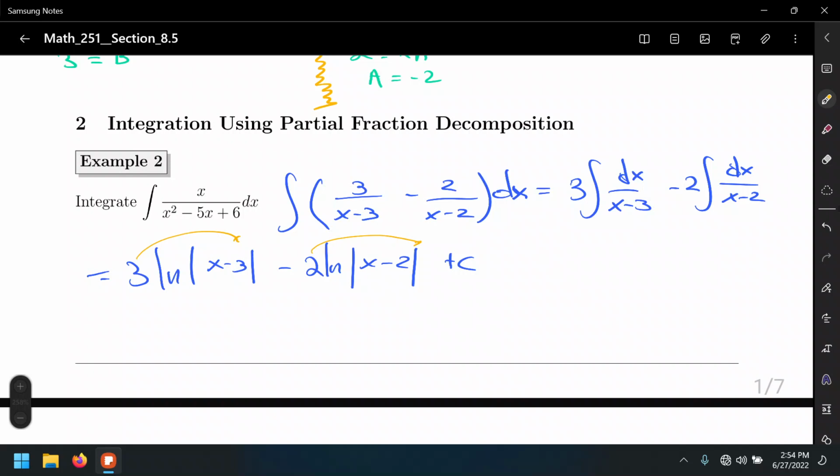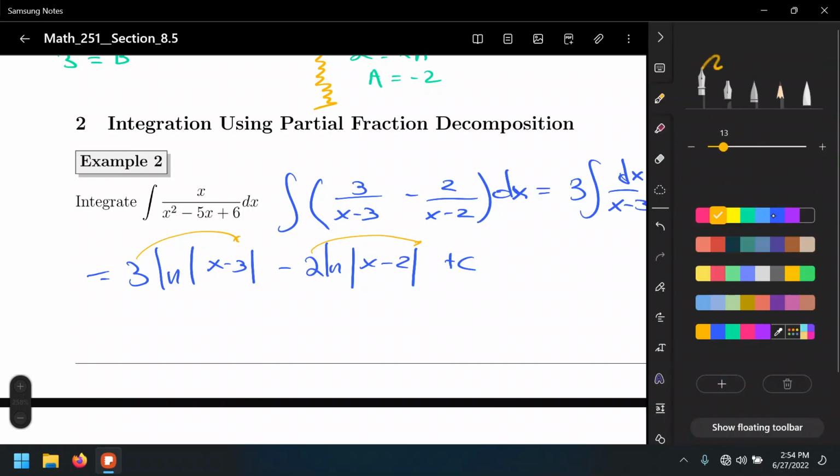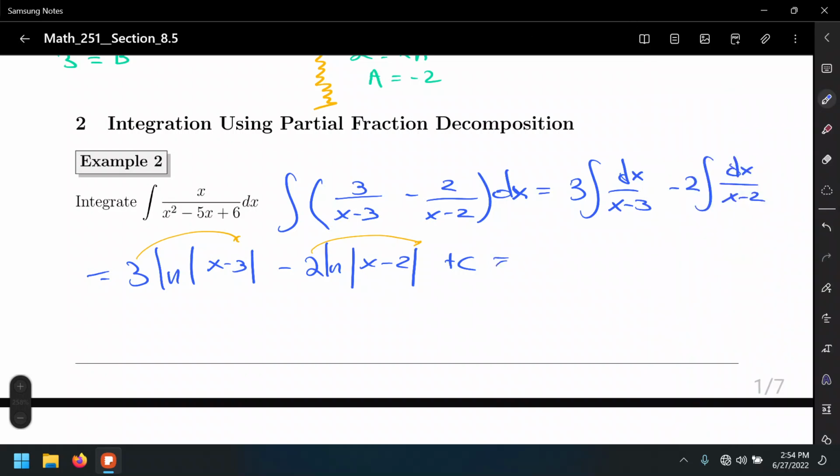The coefficient becomes the power. From there, this is ln of x minus 3 cubed minus ln of x minus 2 squared plus c. And then they use another property of logarithms, the one that says the difference of two logs is one single log of the quotient of these two arguments.